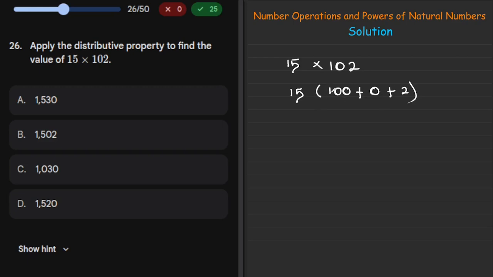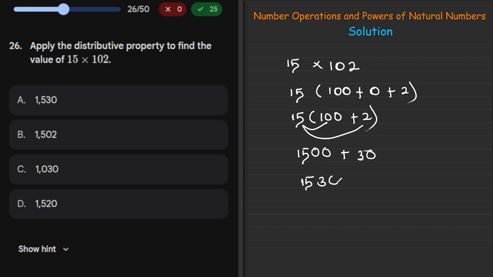Now we know the 0 yields nothing, so it can still be written as 15 times what? 100 plus 2. 15 times 100 gives us a 15, then we put the 2 zeros attached. 15 times 2 also gives us what? 30. If you add these two together, we have 1530, and that is A.